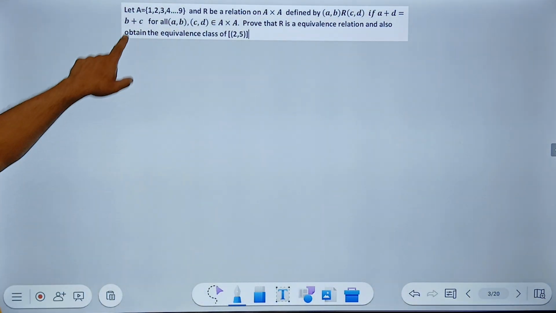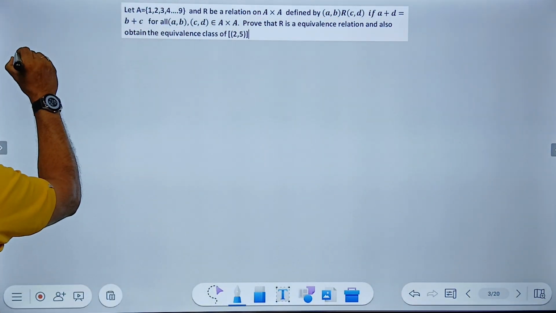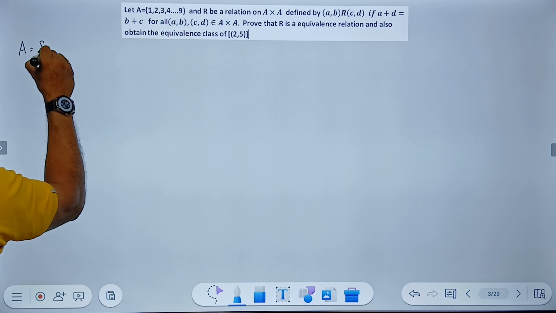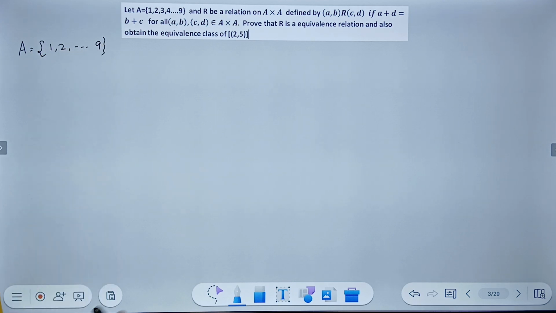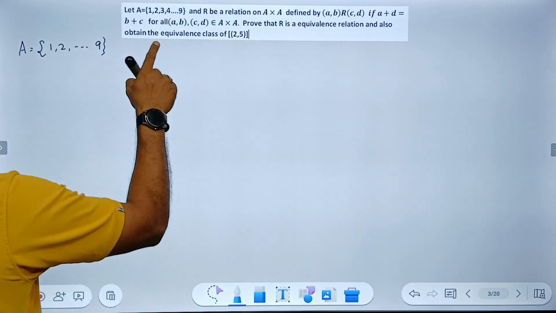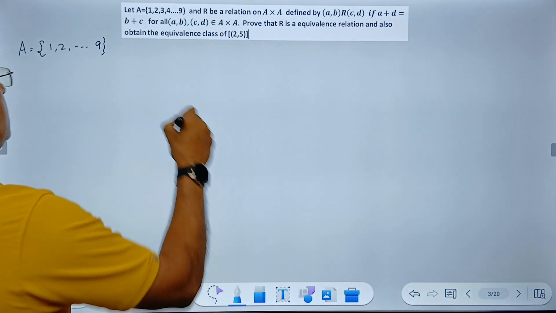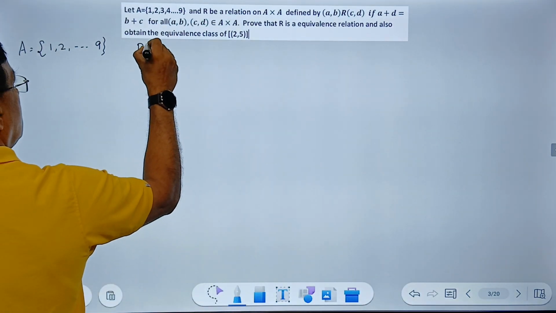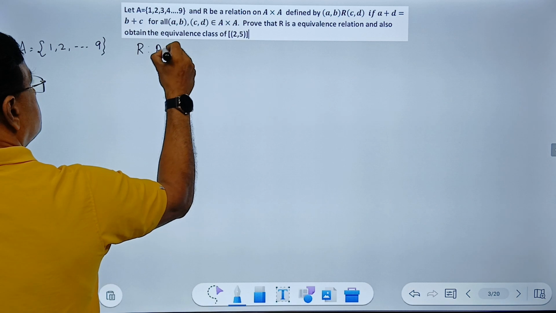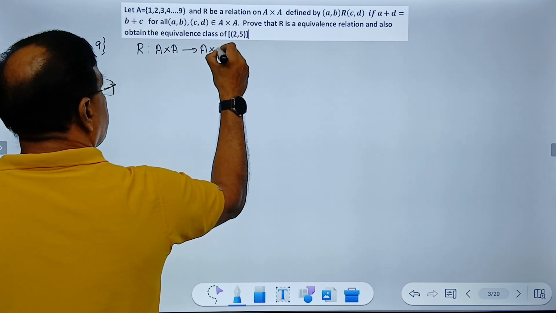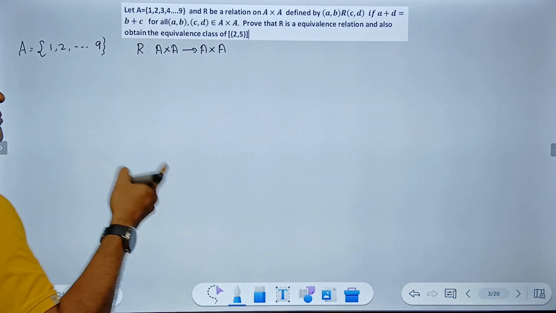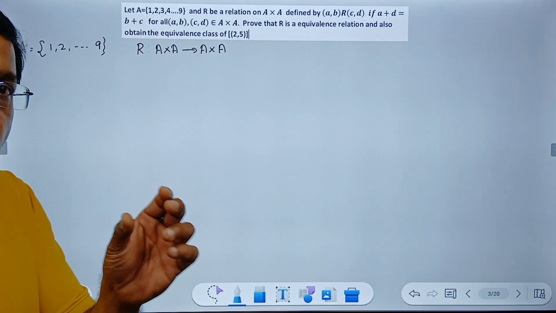If A is a set, here my set is given as 1, 2, 3 up to 9. And the relation R is not defined on A, the relation is defined on A cross A. It is defined from A cross A to A cross A. So every element in A cross A will be an ordered pair.